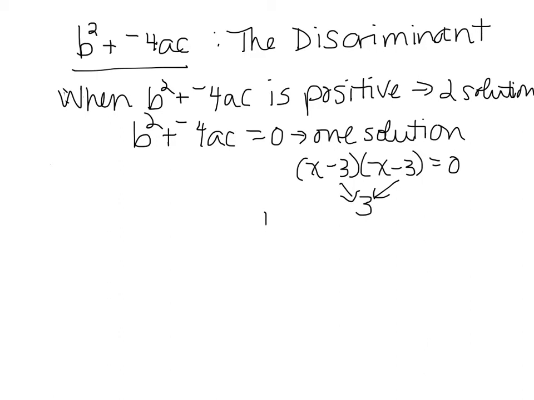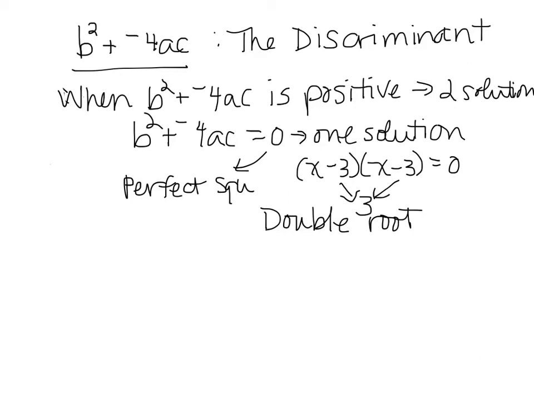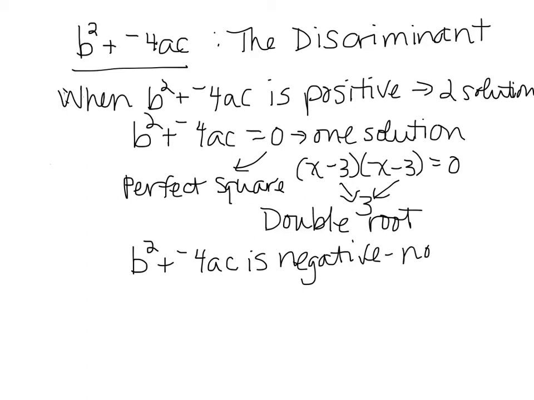So that's called a double root. And what it means is, if this equals 0, then the quadratic equation is a perfect square. Because generally the highest exponent will tell you how many solutions there are. But finishing this out, when b squared plus negative 4ac is negative, it means there are no solutions.